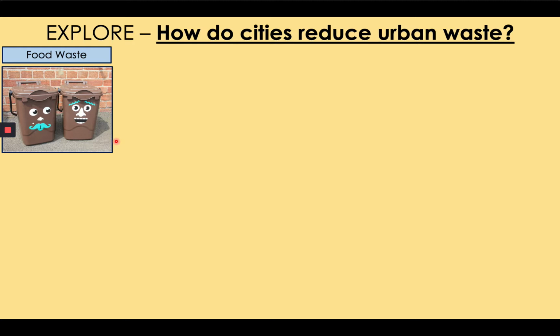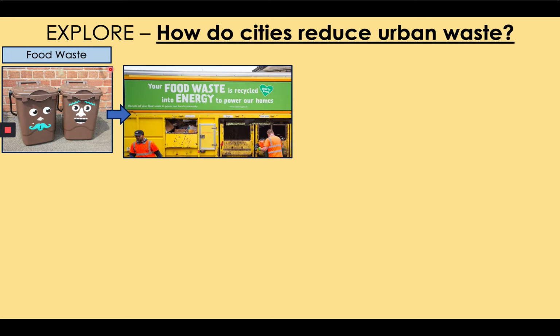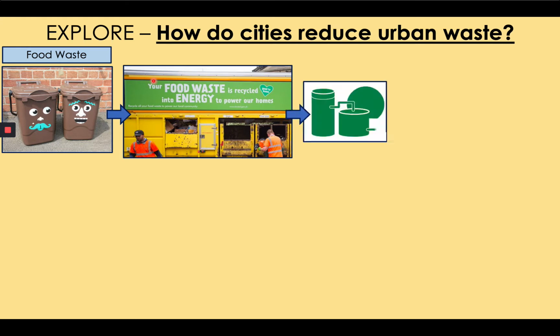When the food ends up in these food caddies, it is collected by Bristol's waste company, and that food is taken to a place called Avonmouth, which is a big waste-to-energy factory at the mouth of the Avon River, which is the river that goes through Bristol.